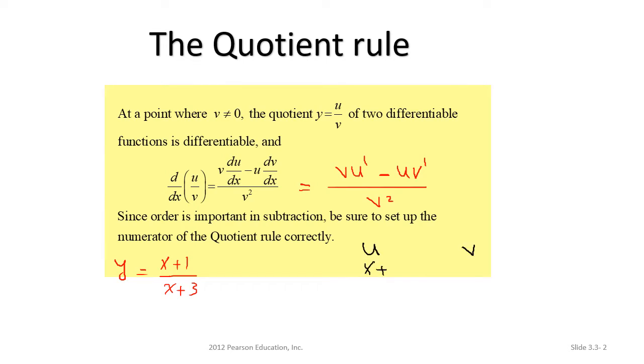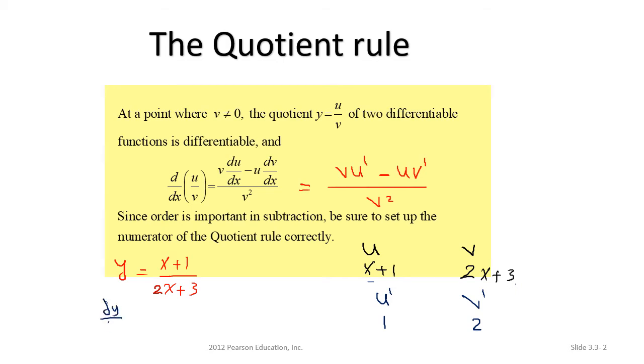u is the numerator, x plus 1. Let me change this one to 2x. And v is the denominator, which is 2x plus 3. Then you have to find u dash, the derivative of x is 1, and v dash, the derivative of 2x plus 3 is 2. As 3 is a constant, its derivative is 0, and 1 is a constant, its derivative is 0.